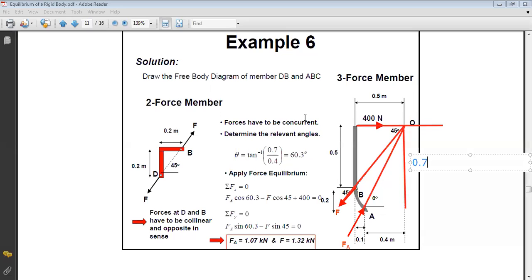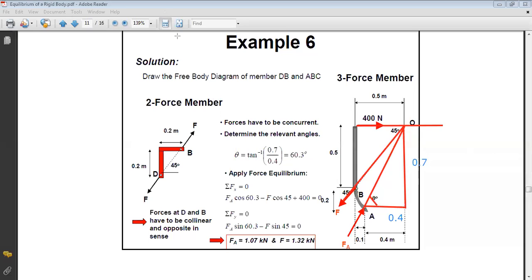And this distance here can also be calculated. It's equal to 0.5 minus 0.1, so it's equal to 0.4. So now I can calculate this angle, which represents the direction of FA.